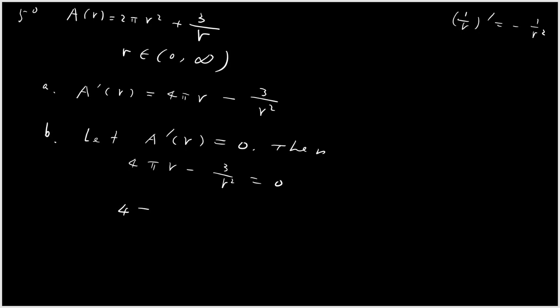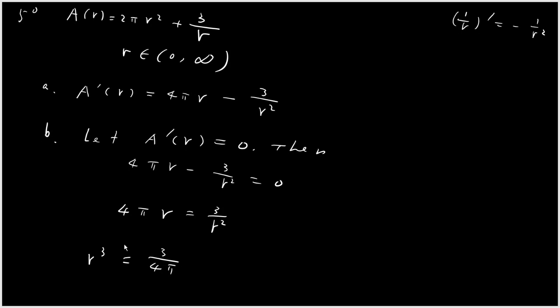Leave the term 4 pi r on the left hand side, and on the right hand side you have 3 over r squared, and then cross multiply to isolate r. So we have r cubed equals 3 over 4 pi. Do you see what's going on?